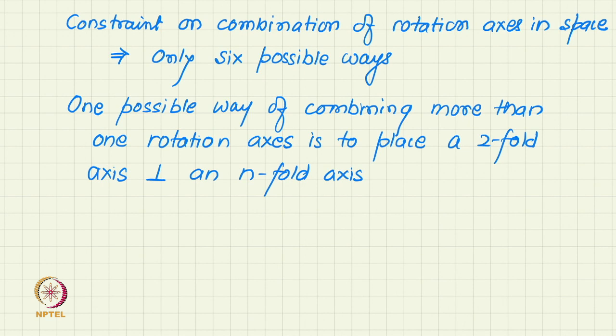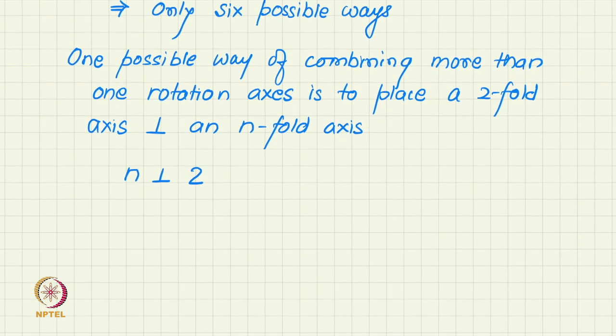So, I give a brief notation. I say n-fold axis perpendicular to a two-fold axis. This is always possible for values of n of 2, 3, 4 and 6.